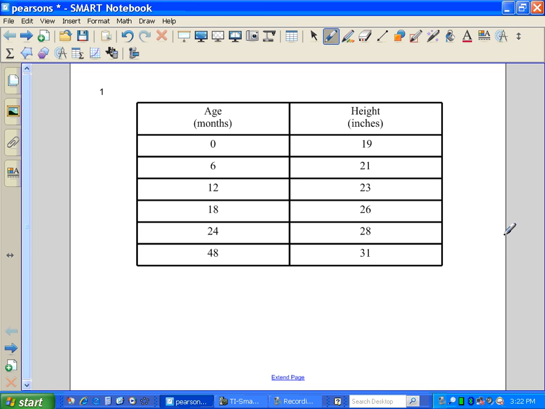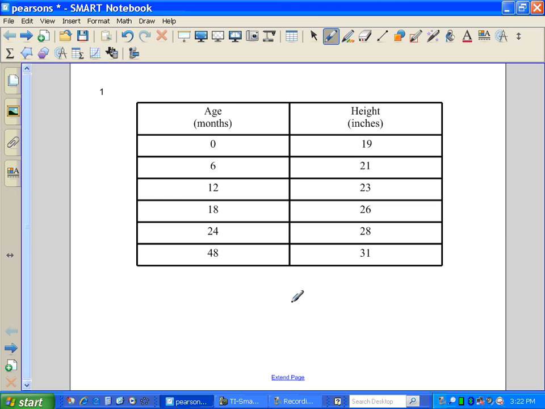What we want to figure out is how closely these two things are related, or how strong the relationship is between a baby's age in months and its height in inches. We can use Pearson's correlation coefficient to figure this out because it's not ranked data.